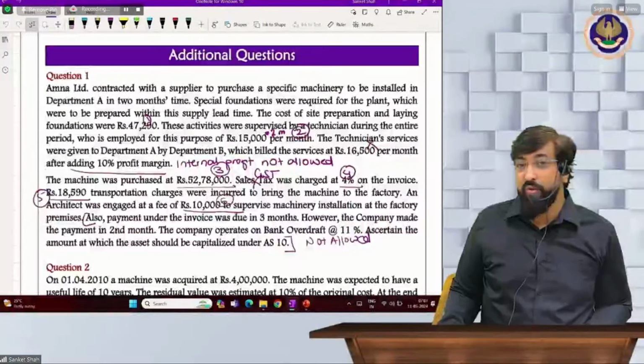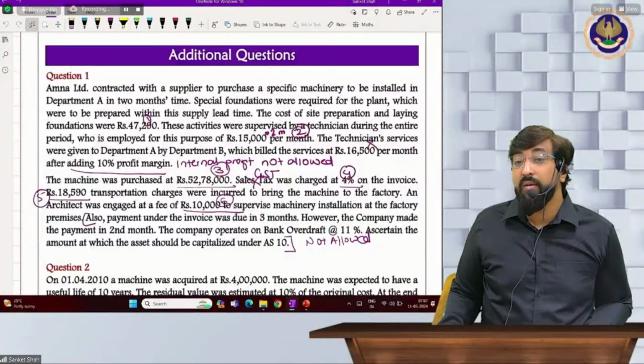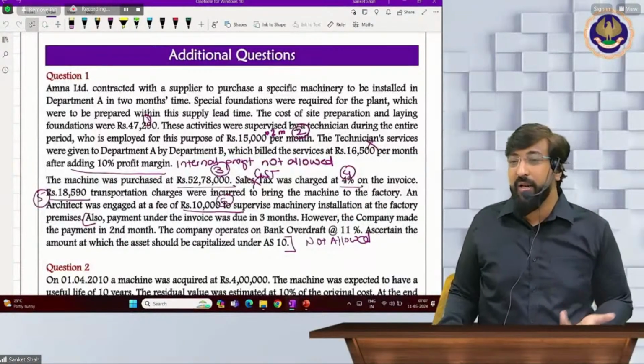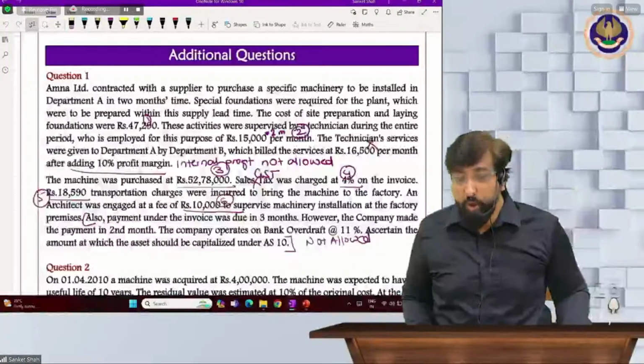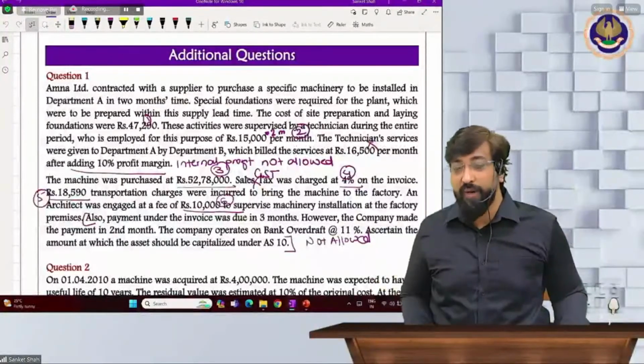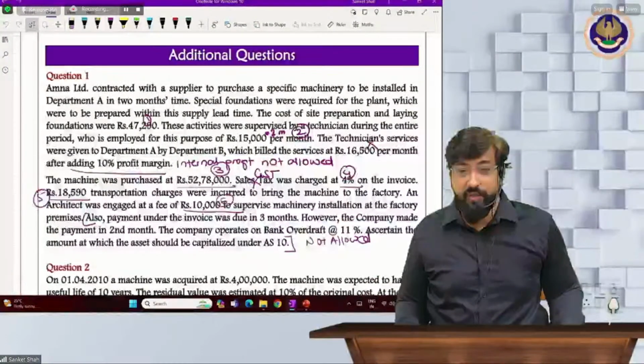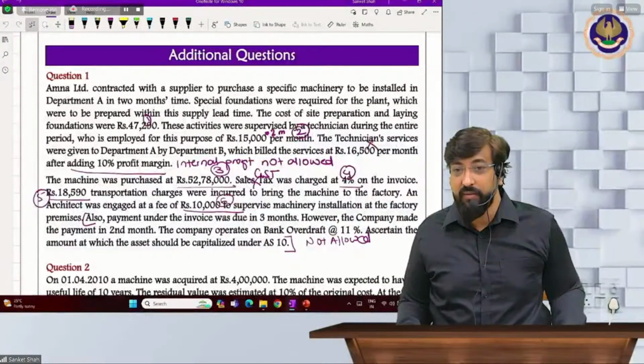Qualifying asset means one which takes a substantial time to get ready for its intended use. But this is not a qualifying asset and therefore we are not going to add this interest. So calculate the total cost of the machine. Can you tell me the answer?